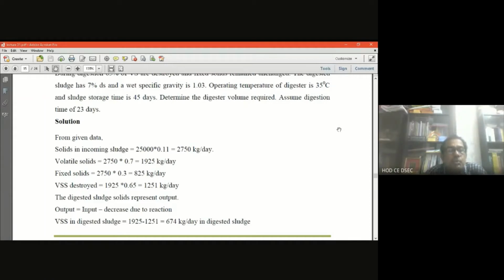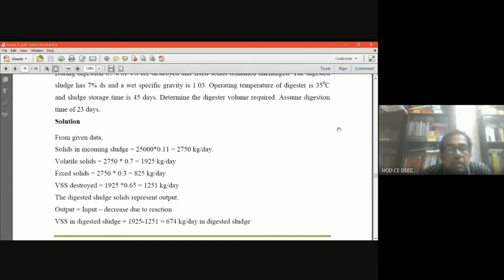Input is 1925, the volatile solids, minus the decrease due to reaction, that is 1251. Because 65% has been destroyed, the balance is 35% of the volatile solids.